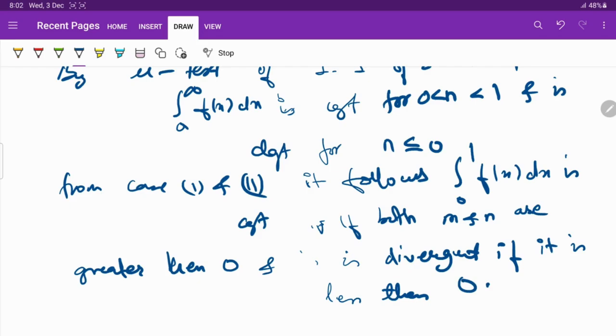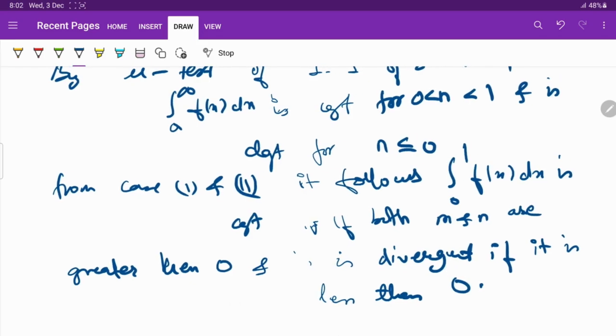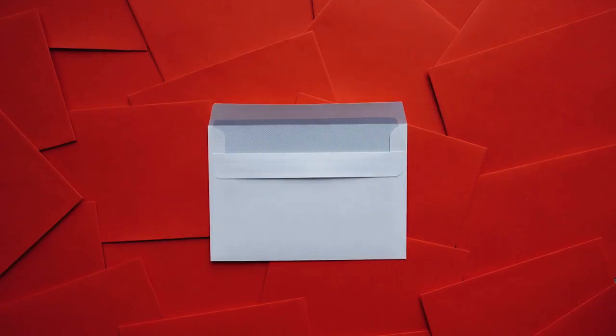Okay, so with this we end the convergence of the beta function. Thank you.